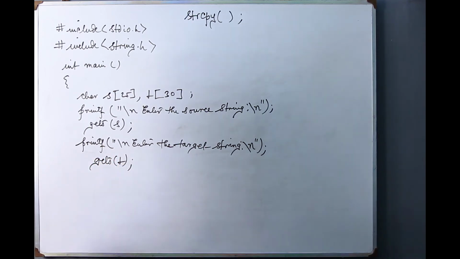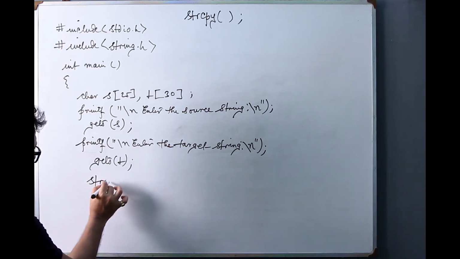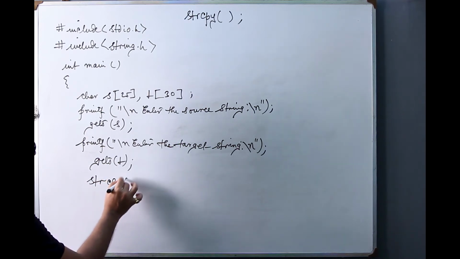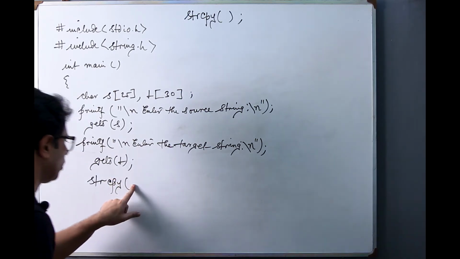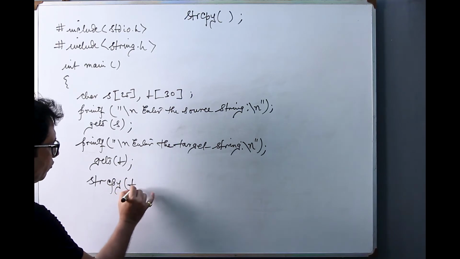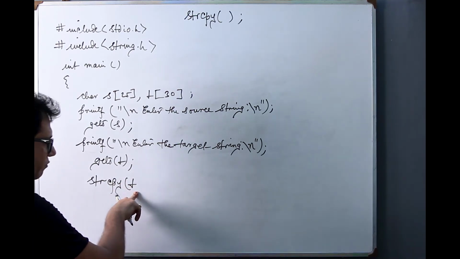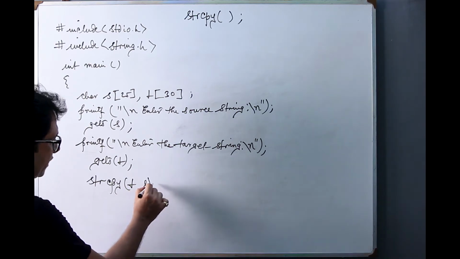After that, I will write this strcpy function with two arguments, or two parameters, in parentheses. The first argument will always be the target and the second argument will be the source. So t will be written first, separated by a comma, then comes s.